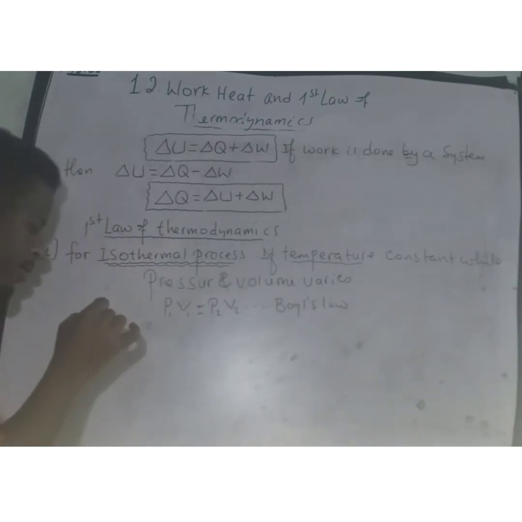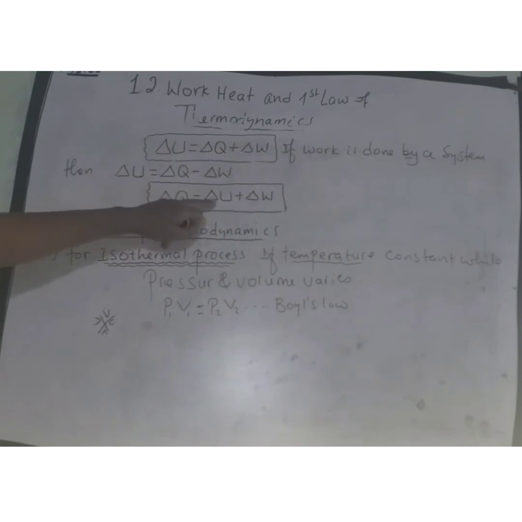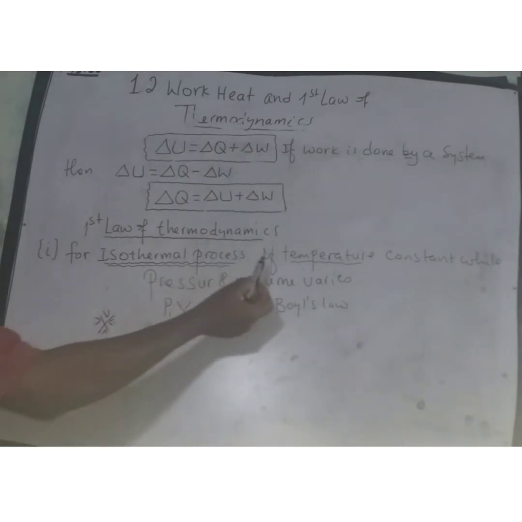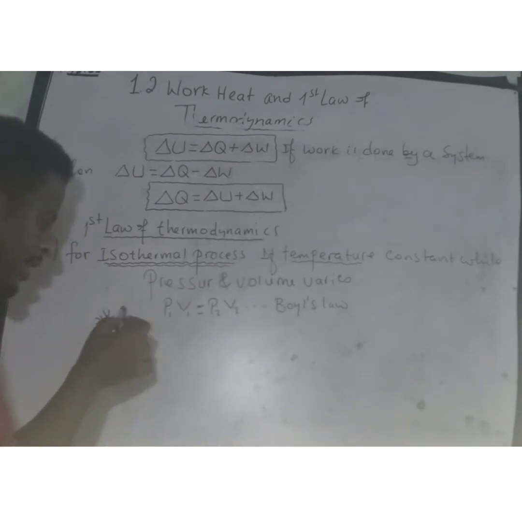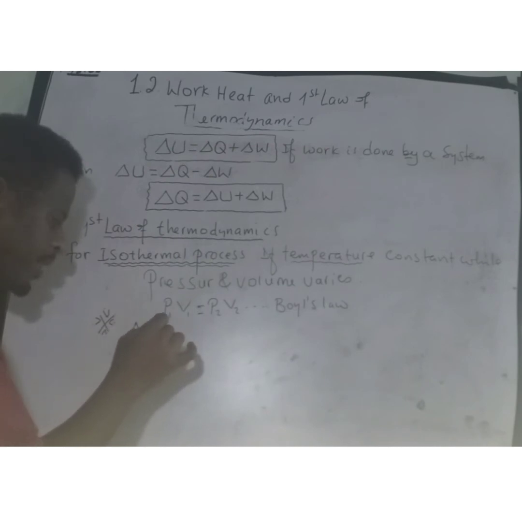Hence, for an isothermal process, the increase in the internal energy becomes 0 because temperature is constant. In this case, change in U equals 0.